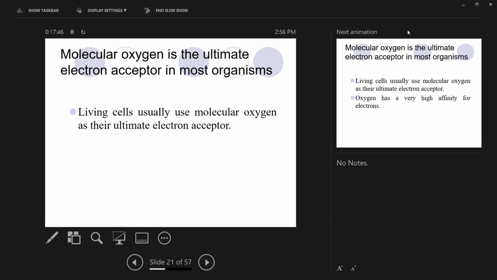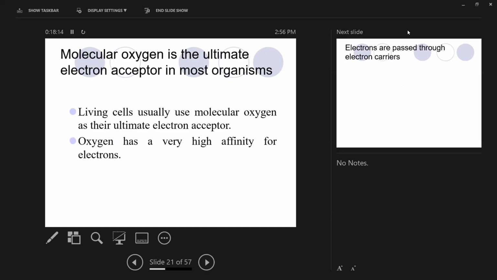So don't fall into this trap that students often fall into: oh, they transfer electrons, so they must transfer them to molecular oxygen. No, maybe they don't. If they're air breathing, yeah, they probably do. But there are many ways to skin the metabolic cat, so to speak. So please don't fall into this trap that all organisms use oxygen as their terminal electron acceptor.